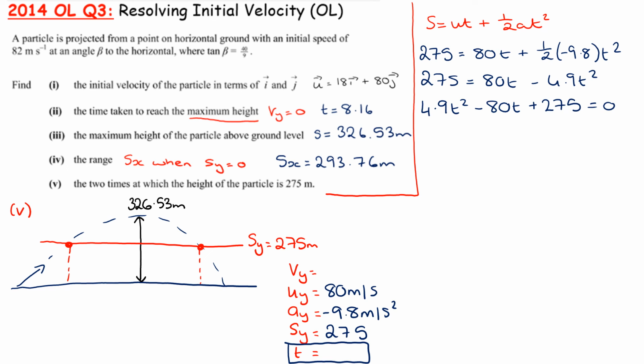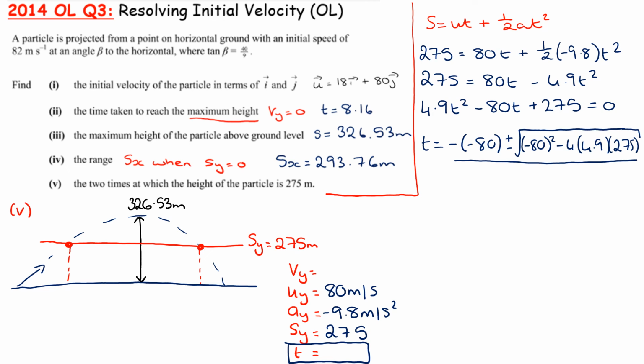We're going to use minus b to solve this, so t is equal to minus b, which is minus 80, plus or minus the square root of minus 80 squared minus 4 times a, 4.9, times c, 275, all over 2 times a, which is 2 times 4.9. We're going to get 2 answers, and both should be positive and both should be valid.